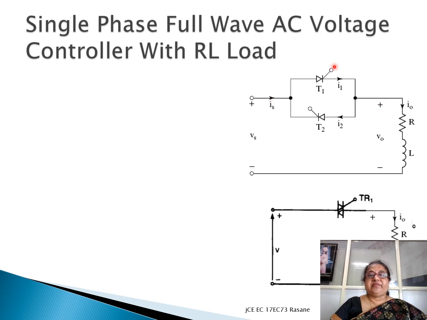In the full wave, I am going to use two anti-parallel SCRs as connected here, T1 and T2, and we know that T1 can carry the current in this direction, whereas T2 can carry the current in this direction. So two SCRs carrying two currents in opposite direction, but obviously not at the same time.